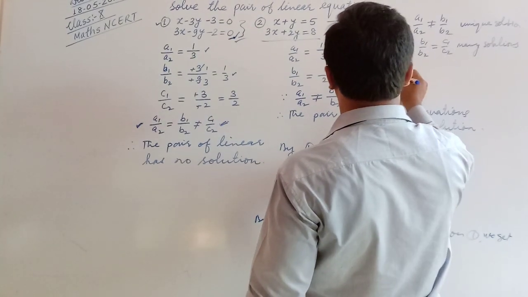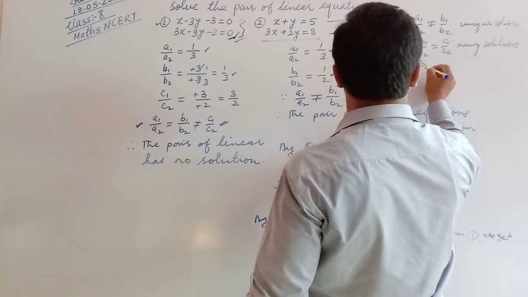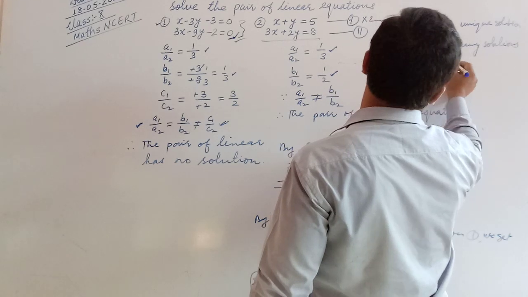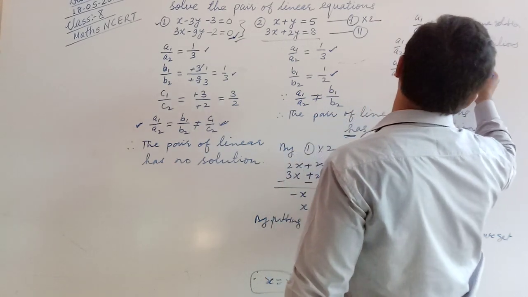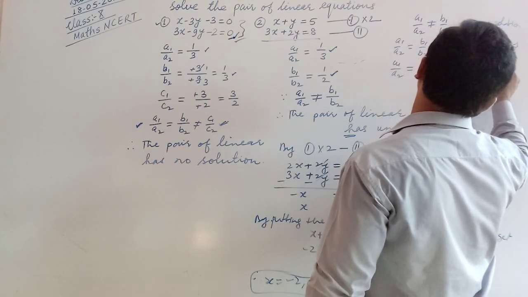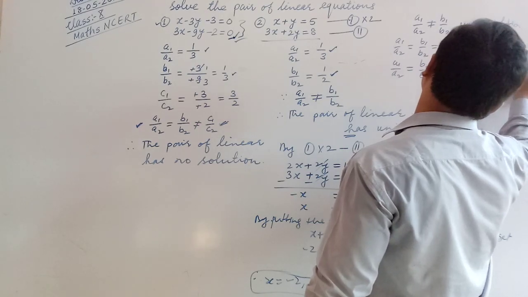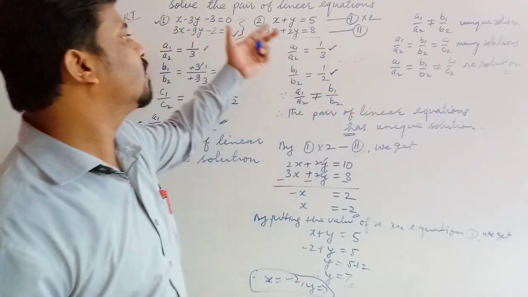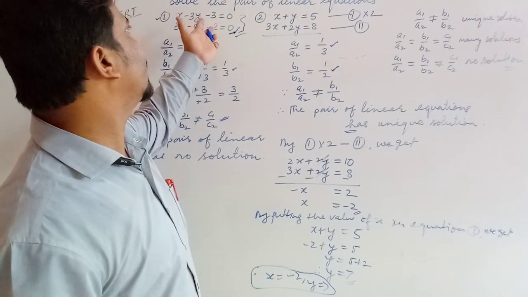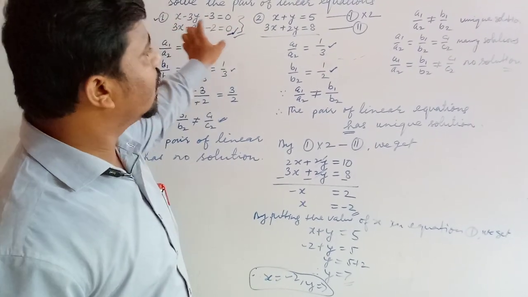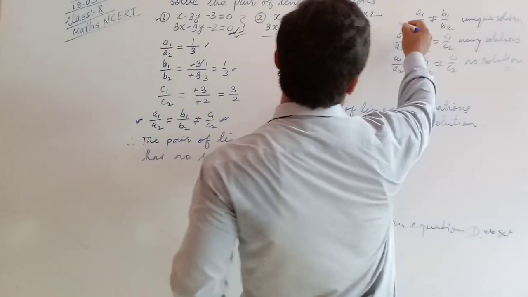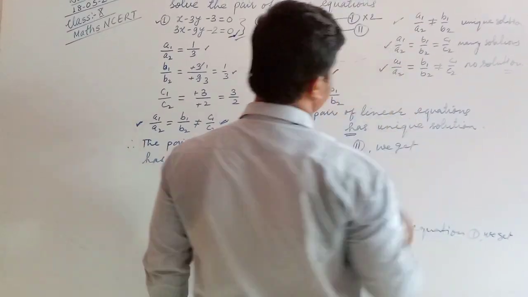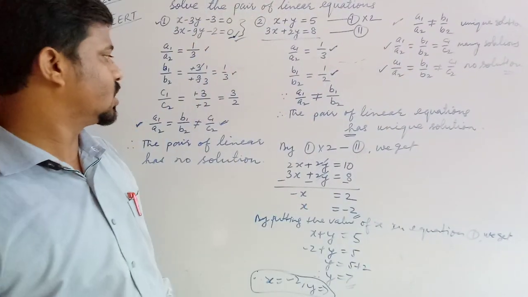If a1 by a2 equal to b1 by b2 not equal to c1 by c2, then there is no solution. So these three properties are there. According to the property in which the given pair of linear equations falls, you have to decide whether there is a solution or no solution.